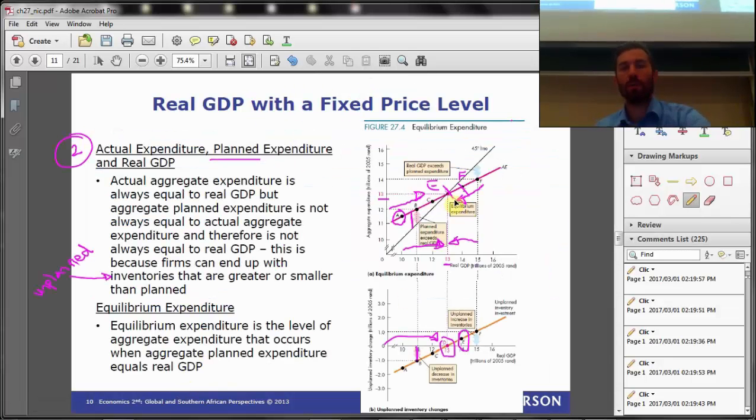So the question was, is there any way we can basically speed up this process? The answer that was presented was yes, through government spending. Government can get involved to make a difference here.